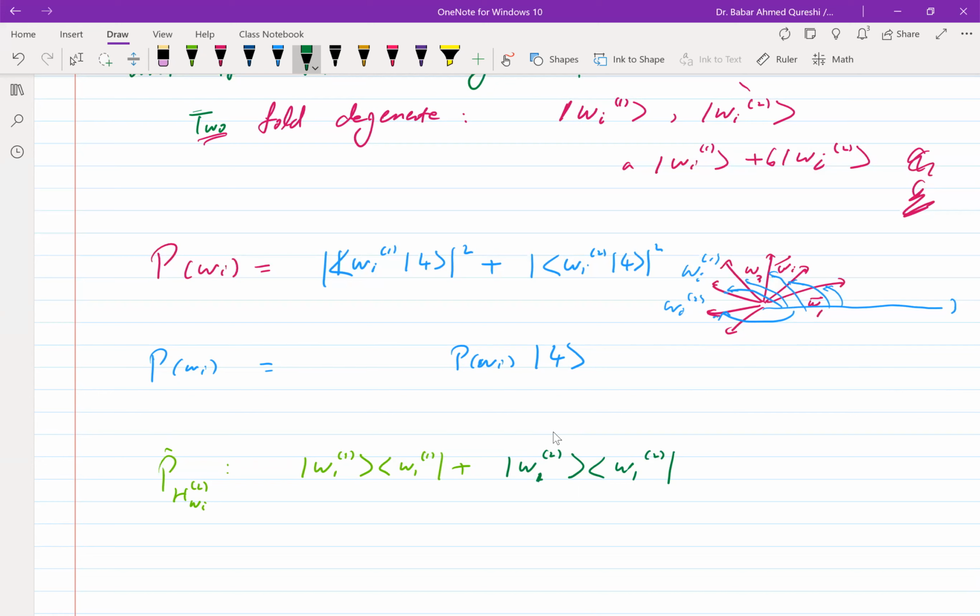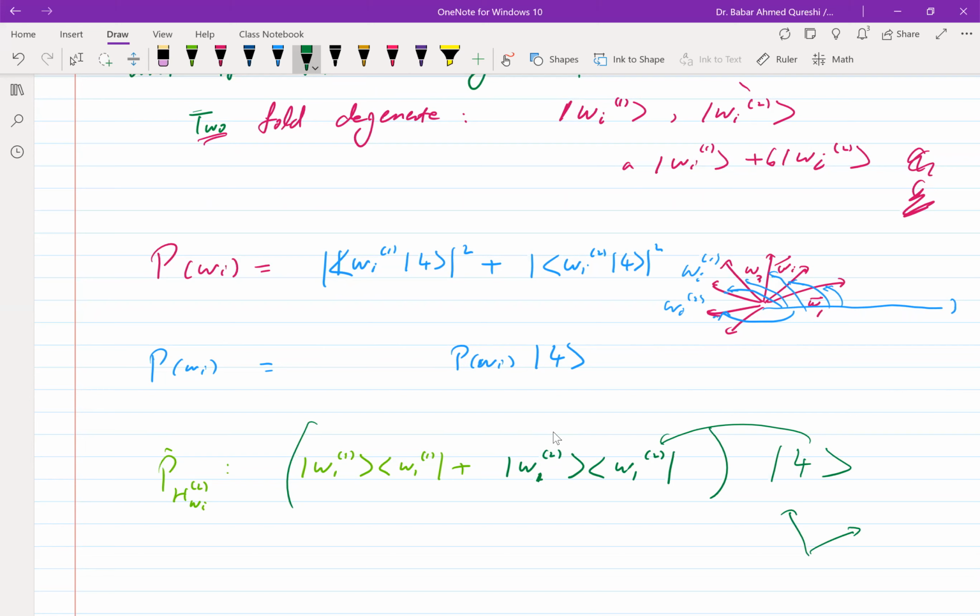Now this X, if you act on psi, is going to pick the component of psi along its first. So you are projecting it into your subspace. Doesn't matter which basis you pick up. It just resolves the psi along that basis.